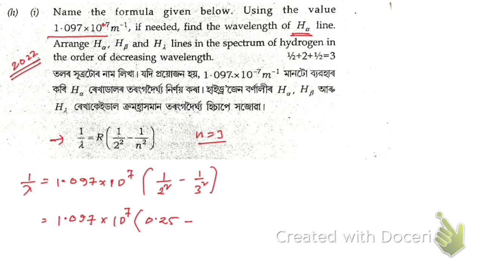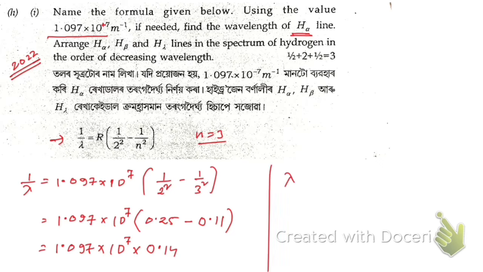Minus 1 by 3 square means 1 by 9, which is approximately equal to 0.11. Okay, now 1.097 into 10 to the power 7 into 0.14.